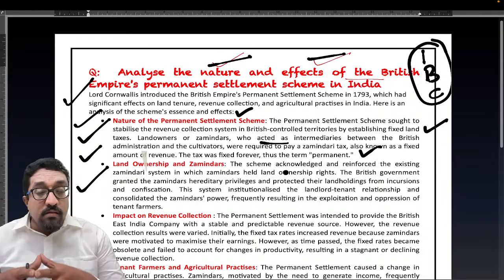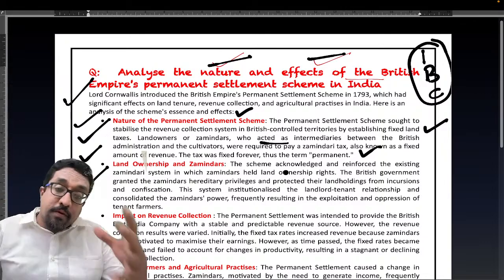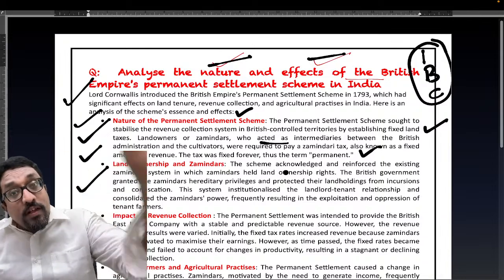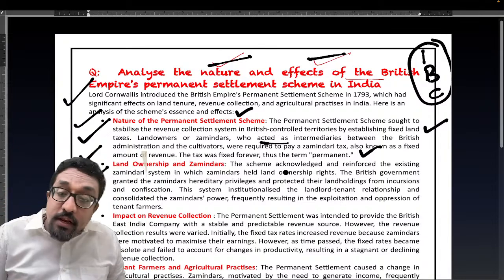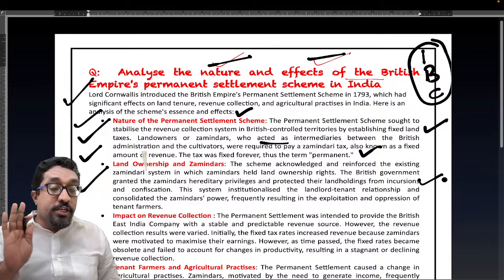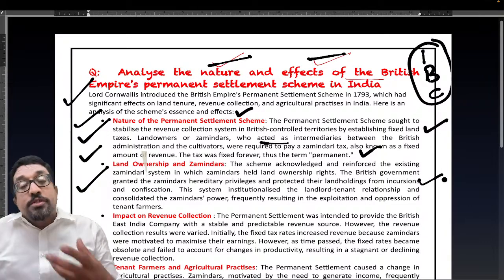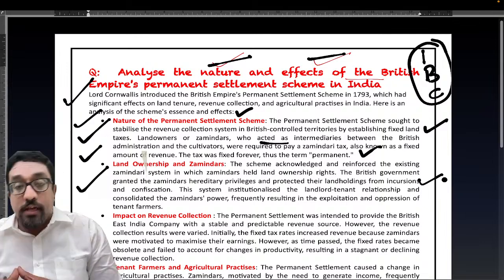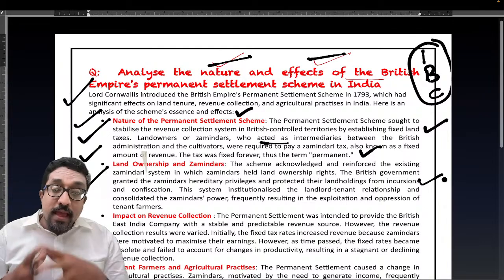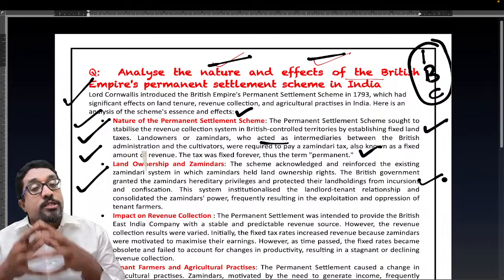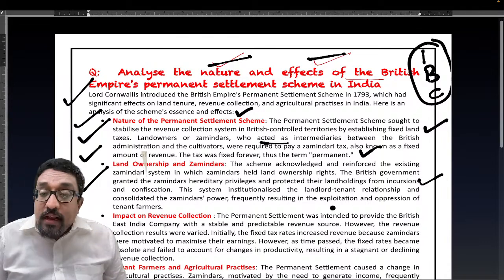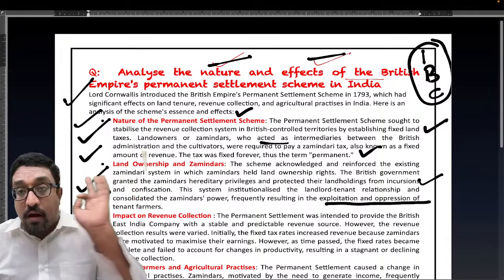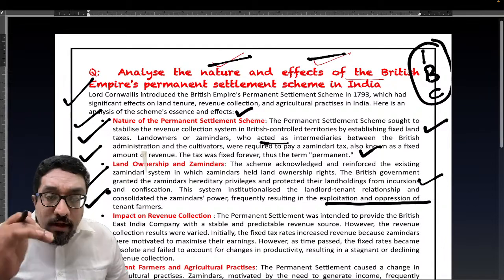The British government granted the zamindars hereditary privileges and protected their land holdings from incursions and confiscations, thus institutionalizing the landlord-tenant relationship and consolidating the zamindar's powers, frequently resulting in exploitation and oppression of tenant farmers. So, land ownership and zamindar.